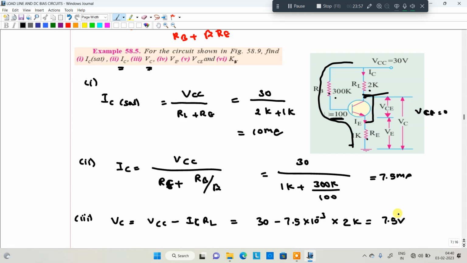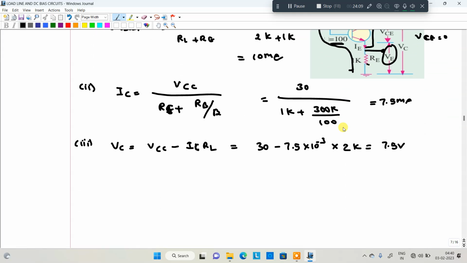Okay, at the second case, the fourth point is VE. VE is nothing but the voltage across this particular resistance. It is simple: VE is equal to IE into RE.